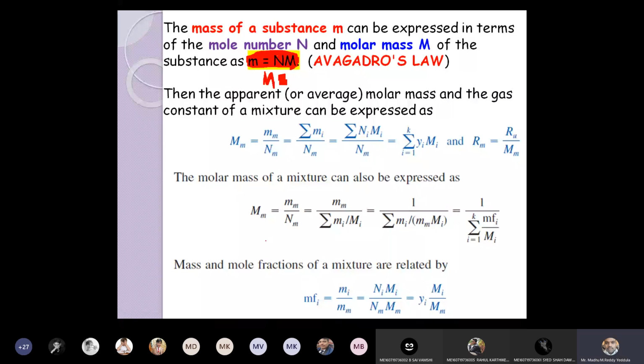If I want to do it for the mixture, suffix m, suffix m, suffix m. The same thing is written here. Till here it is clear? Yes, sir. Right. Now, what is m suffix m? This is the mixture. What is the mass of the mixture? Let us say m1 plus m2 plus m3 and so on up to mn, where 1 to n are the constituents of the mixture, yes or no?